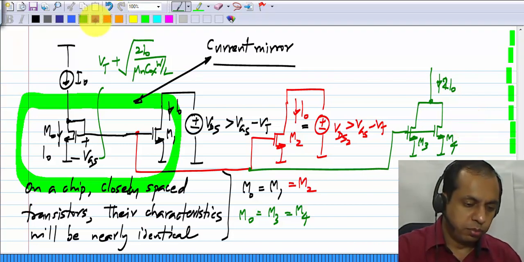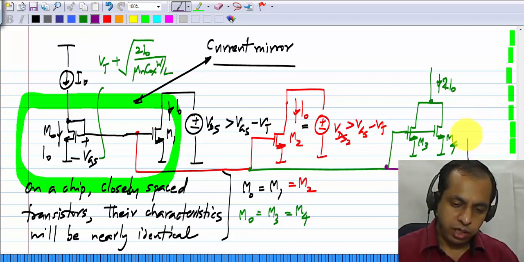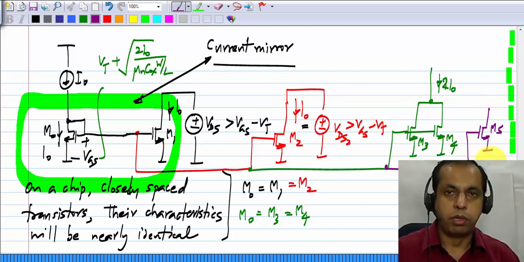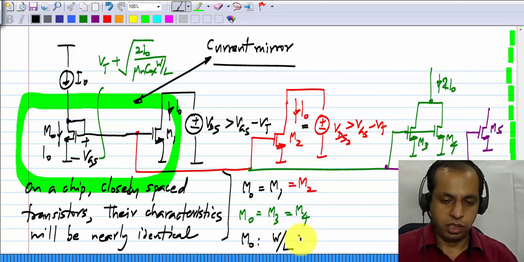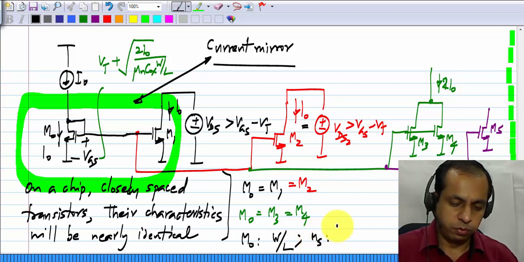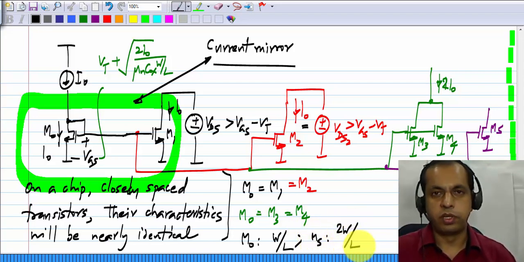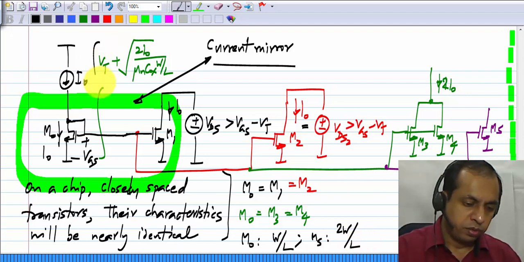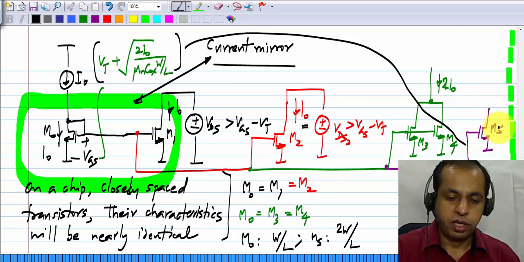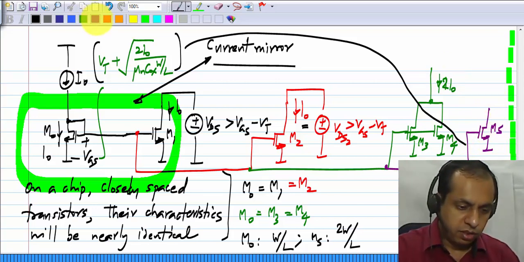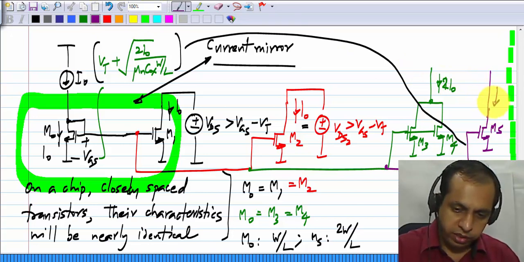And another way to think about this is that I replicate it on an identical device, M5, but the difference is that, let's say M0 has a width of W and a length of L, then M5 will have a width of 2W and a length of L. Again, using this value of VGS applied to M5 and using the current equation for M5 in saturation region, you will find that the current flowing in here is 2I0.